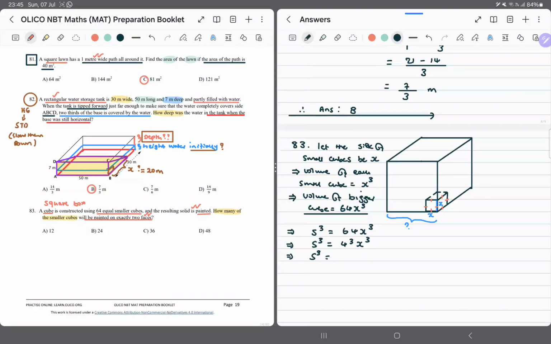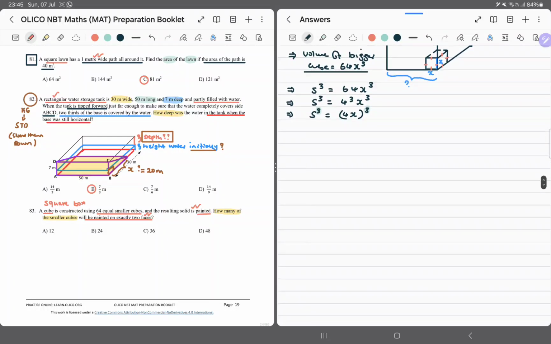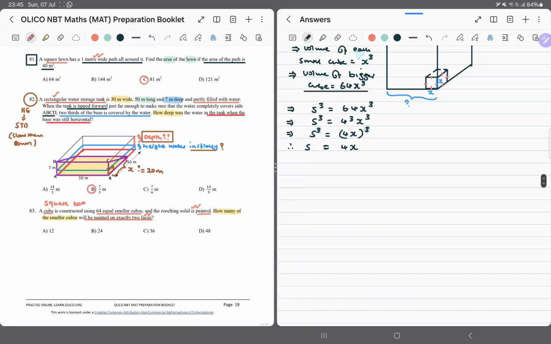This implies that s cubed is basically 4x all cubed. Using our exponential equations, since we've got the same exponents, we can equate the bases. Therefore, the side of the bigger cube is basically 4x.